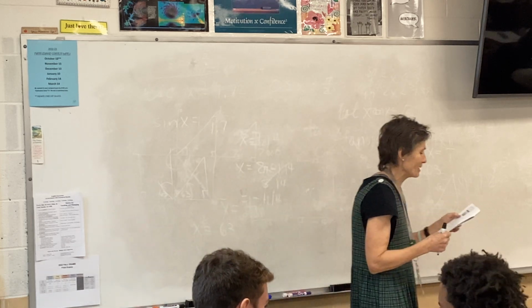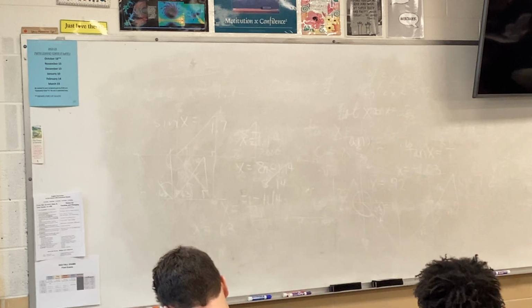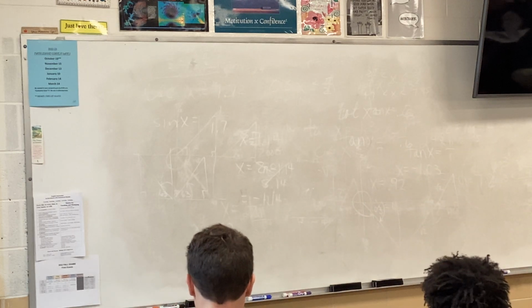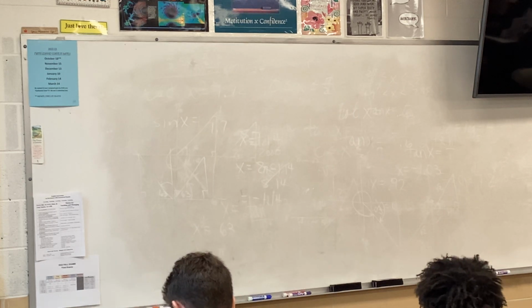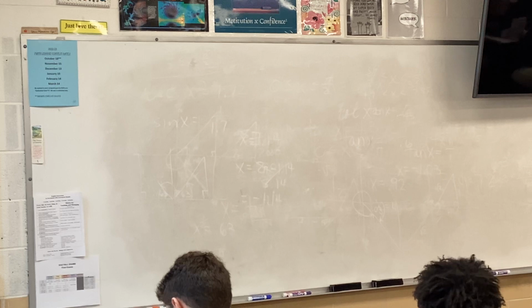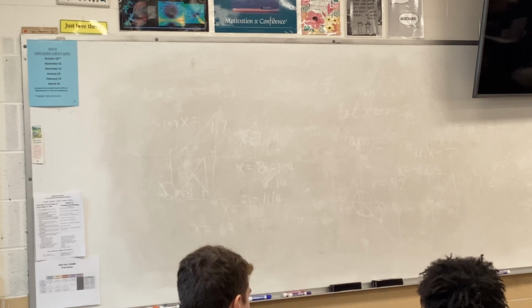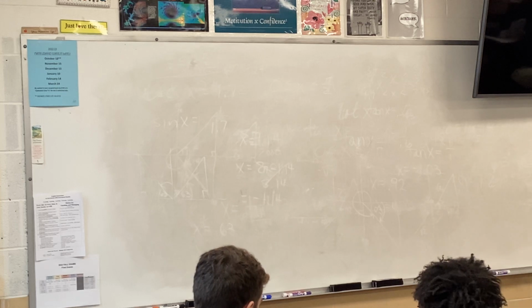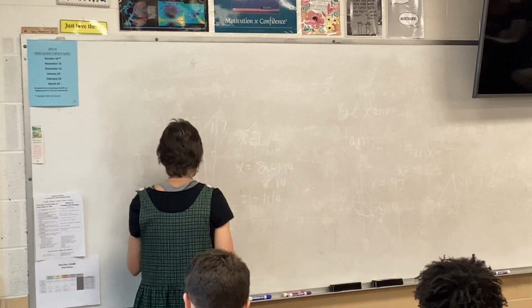All right, here we go. Number 5. Okay, we got the lighthouse. They drew the picture. Express the distance as a function of the angle x. Well, that's easy. What trig function are we going to use? Cosine?